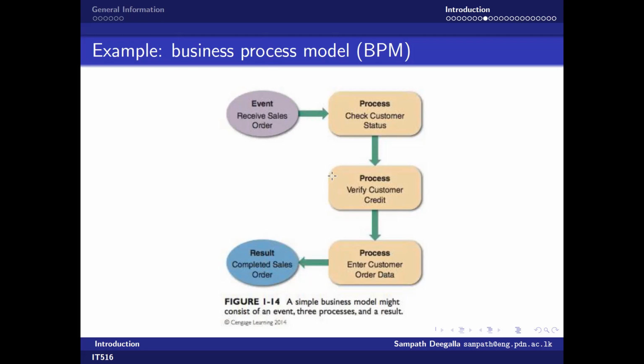So this kind of diagram you might see in organizations, especially if you want to improve the processes, because the first thing is you need to understand what is happening inside. Like even as Prasanga said for customer support systems, what are the processes? You need to understand what the stages are.